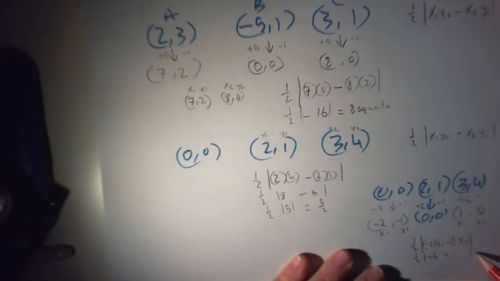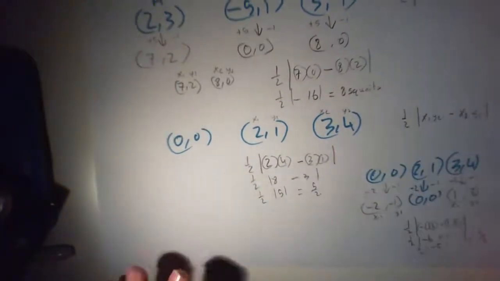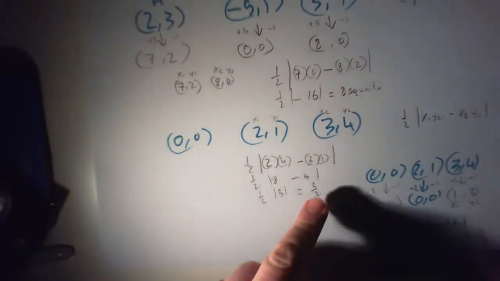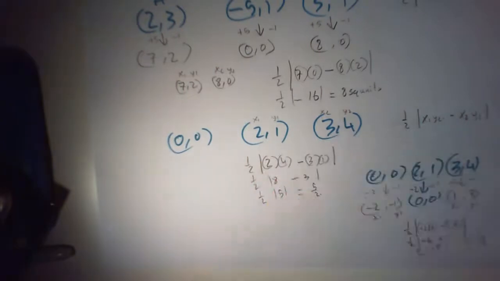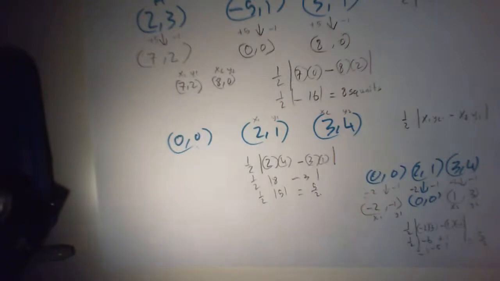Quelle surprise, that's minus 5, which is absolute value of minus 5, 5 over 2. Same answer. Sorry, that got a bit crazy down in the corner, but I just wanted to have a bit of fun with it. No matter what you do, you're always going to get the right answer if you follow forcing one of them to be 0, 0. Even though that was already 0, 0, I thought it'd be a nice bit of fun to actually do the other one as 0, 0.